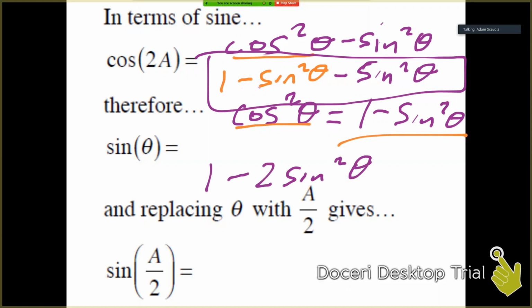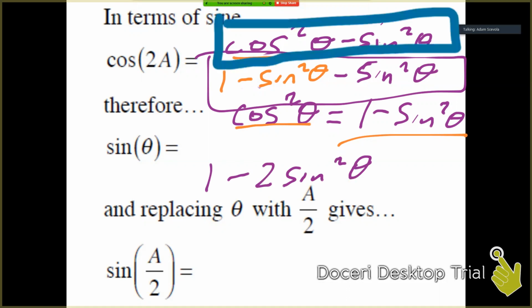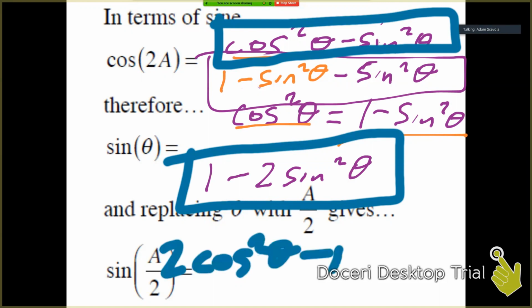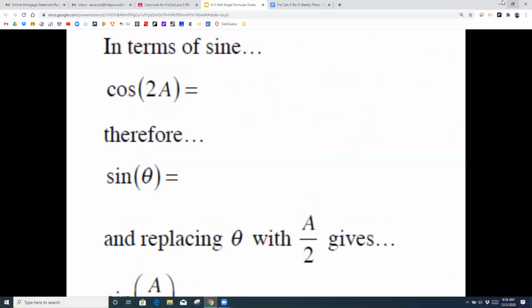So here's one of the double angle formulas for cosine. Here's the other double angle formula for cosine. And the third one would be 2 times cosine squared minus 1. We're going to use the middle one, 1 minus 2 sine squared.